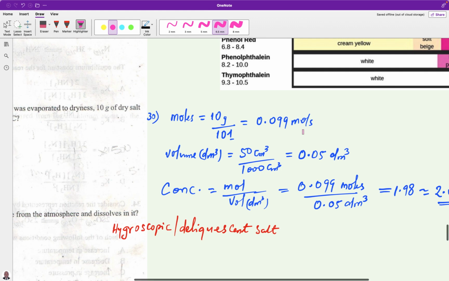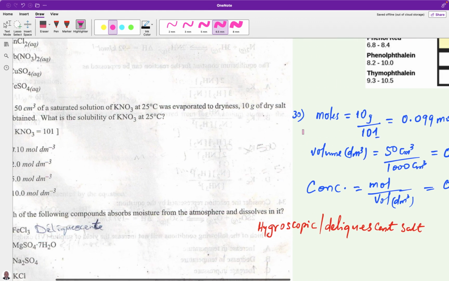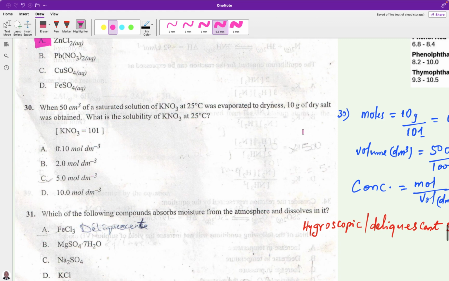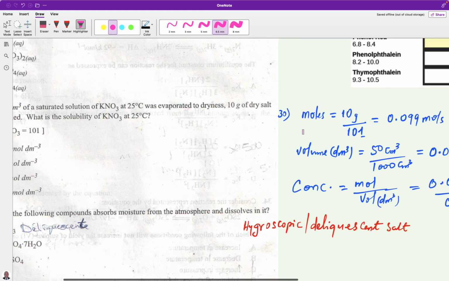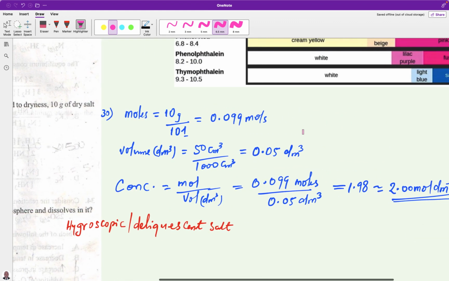Now, the volume of the saturated solution was 50 cm cube. The volume in dm cube will be 50 cm cube divided by 1000 cm cube, which is 0.05 dm cube.